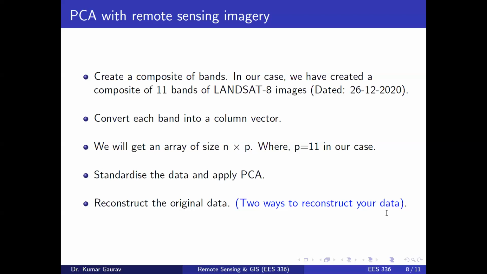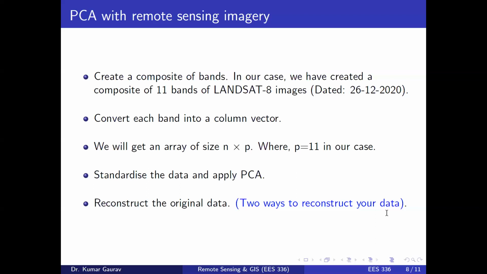So what are the two different ways? As I have said, the number of principal components would be equal to the number of variables. So if you want to reconstruct the data considering the first two principal components, then this is one way of reconstructing the data.